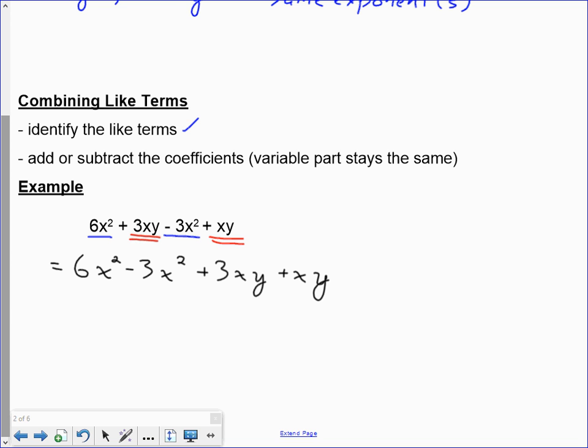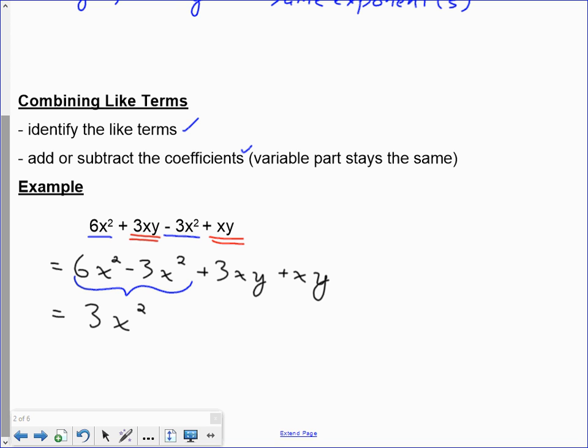And then we can combine our like terms together by adding or subtracting the coefficients as is appropriate, and keeping that variable part, or that part that makes them like terms, exactly the same. So if I have 6x squared minus 3x squared right here, if I have 6x squared and I take away 3x squared, I'm going to be left with 3x squared.